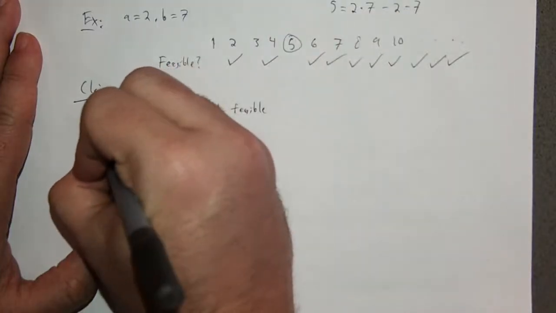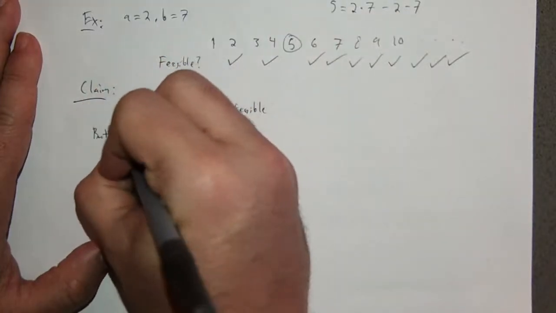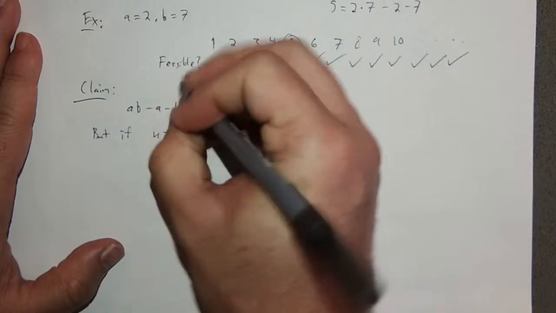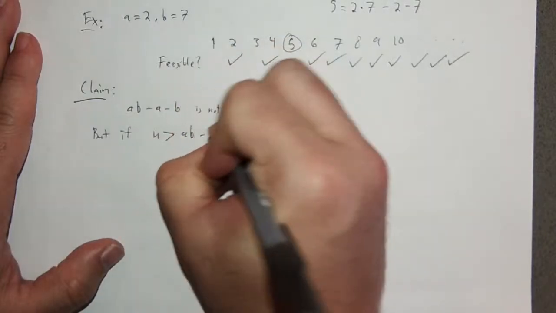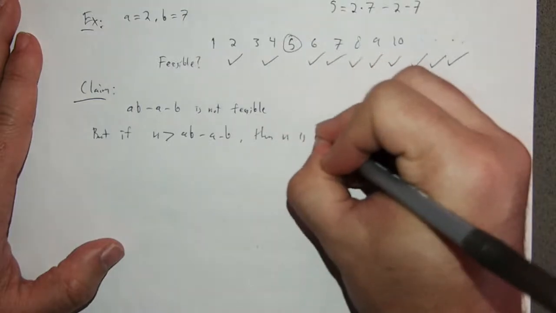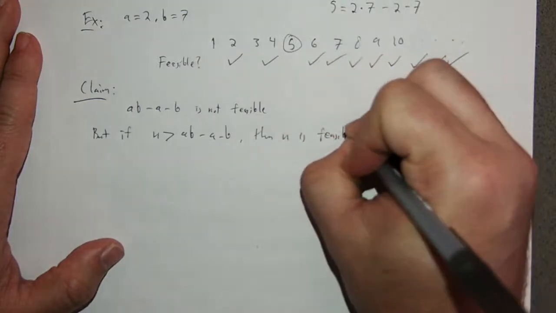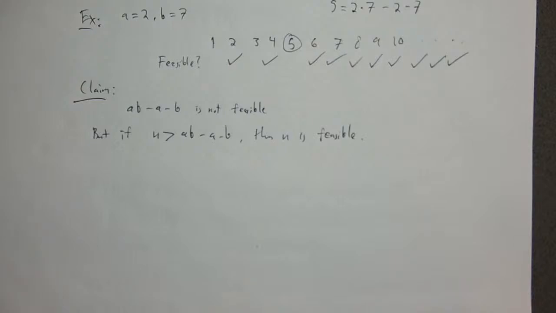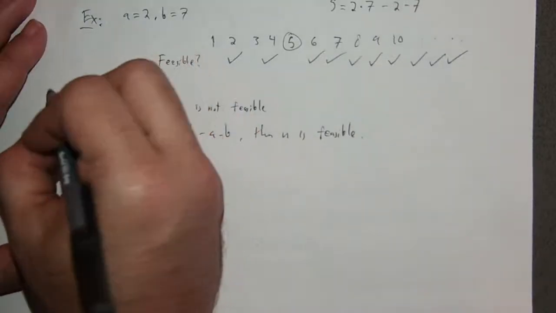But if n is strictly greater than AB minus A minus B, then n is feasible. Okay. So this is our main claim.